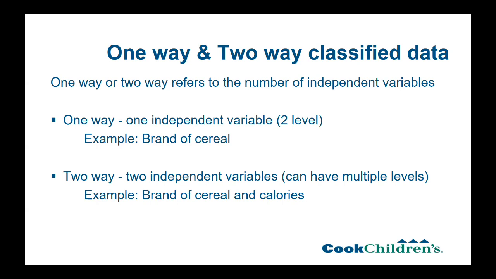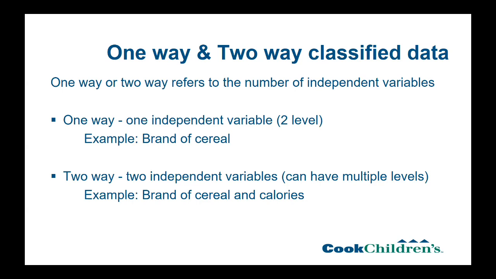I'm sure we must have heard about one way or two way. One way is talking about one independent variable. You can have two levels, but it's just one independent variable. For example, a brand of cereal. So the two levels could be somebody having a particular brand of cereal, and no cereal at all.